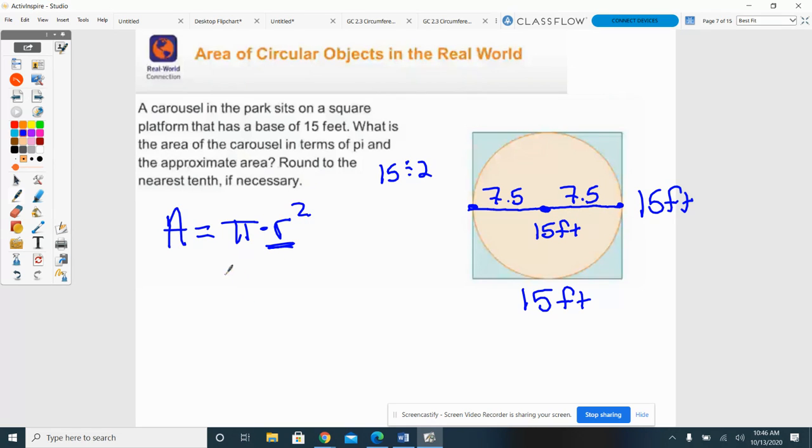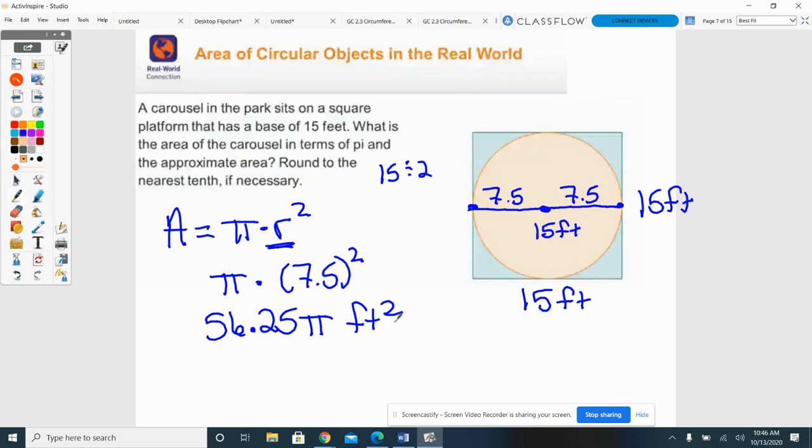So the radius is 7.5, and I can take pi times 7.5 squared, which is 7.5 times 7.5. And if I want the exact in terms of pi, it'll be 56.25. And don't forget your pi, and that will be feet squared.